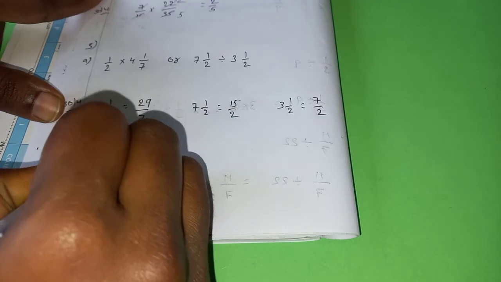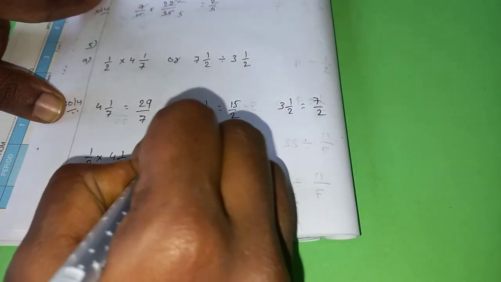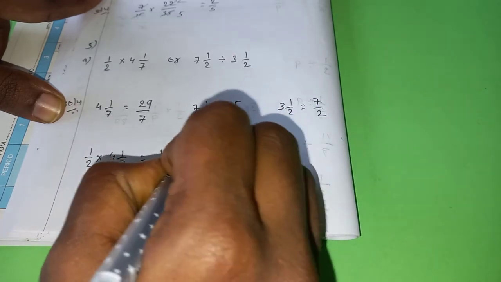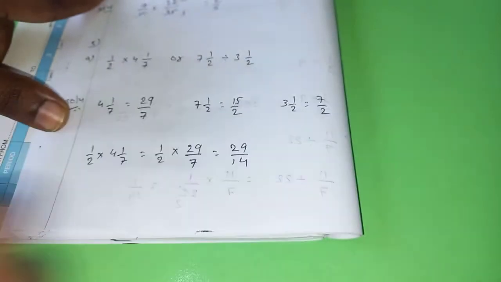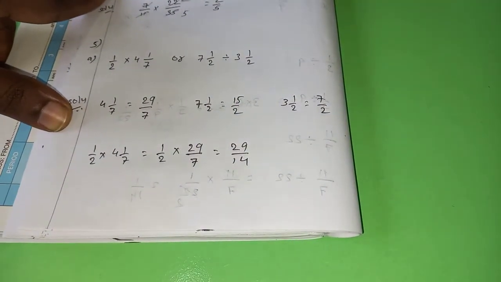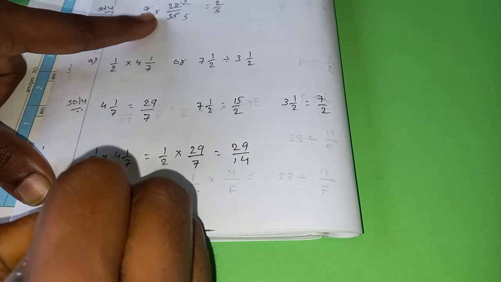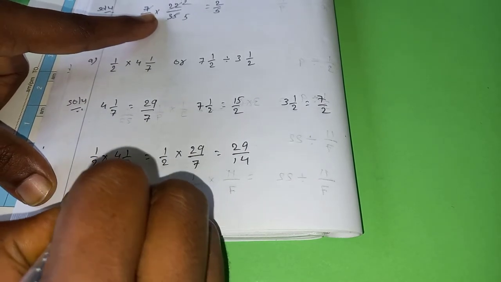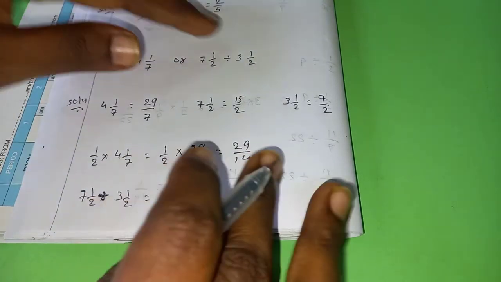First one, 1 by 2 into 4 1 by 7 equals 1 by 2 into 29 by 7. So it is 29 by 14. Second one is 7 1 by 2 divided by 3 1 by 2.